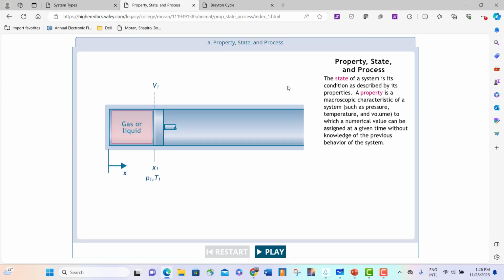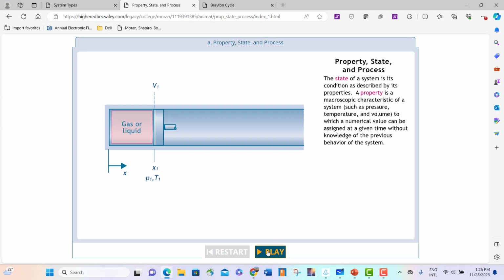Okay, so let's look at property, state, and process. So the state of a system is its condition as described by its properties. A property is a macroscopic characteristic of a system such as pressure, temperature, and volume, to which a numerical value can be assigned at a given time without knowledge of the previous behavior of the system.